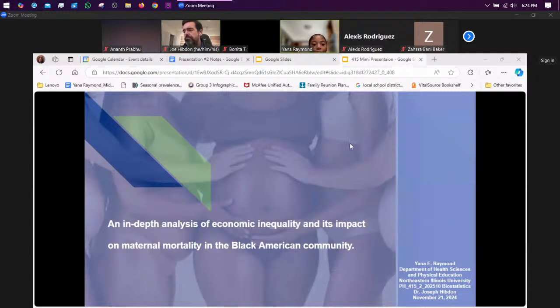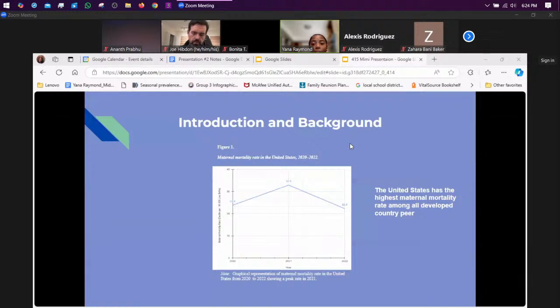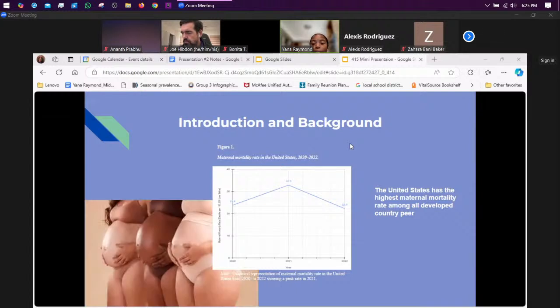Go ahead. My study focuses on income and maternal mortality in the United States. Just a little bit of background: within the United States, there was an increase in maternal mortality from 2020 to 2021, and then a sudden decrease from 2021 to 2022. However, my focus is specifically on the years 2020 to 2021 to see what factors influence that increase.